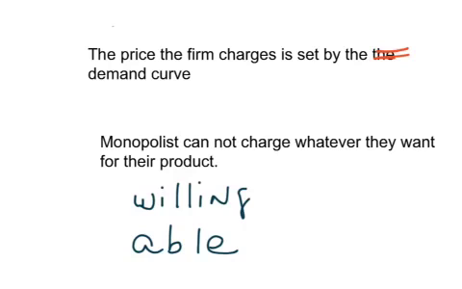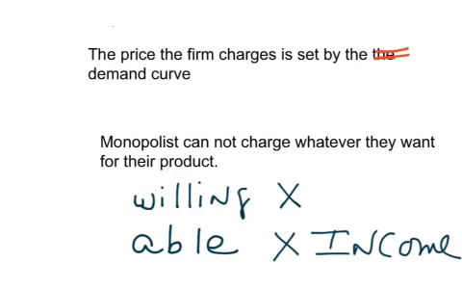And so it could be that if the price goes too high, consumers are not willing. It also could be that if the price goes too high, they are not able due to their income. So keep in mind that the demand curve tells the firm what is the highest price they can charge at that quantity. And so therefore, they're setting their price according to the demand curve.